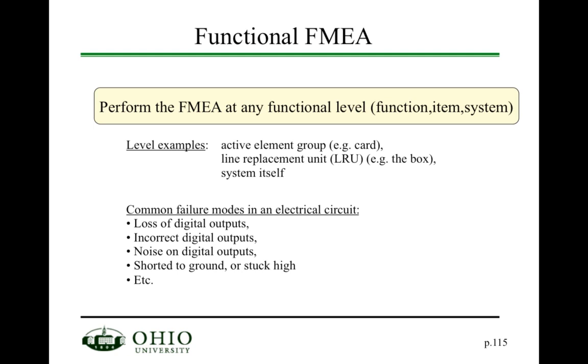So you're going to say, okay, if that happens, what effect does it have on the system that has the card embedded in it? I have a graphics card I'm working on, and I'm saying, okay, there is some kind of loss of digital outputs. You're going to check out, okay, what effect does the loss of the digital outputs of this graphics card have on the computer system it's inside of.